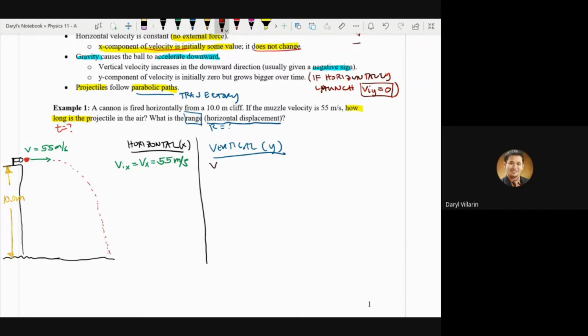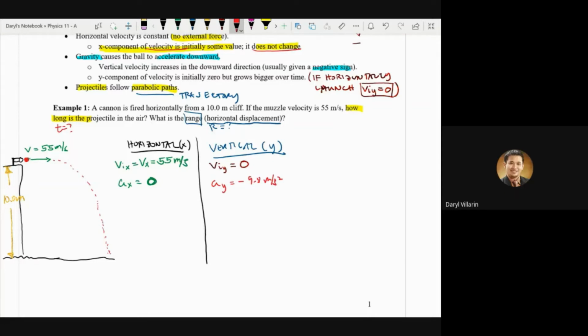So that means that in this case, the initial velocity along y is 0. Because again, it is launched horizontally. And if you can see there, if it is launched horizontally, the y component of your velocity is 0. Okay? And then, since the velocity is constant there, the acceleration along x is 0. How about in my vertical component? The acceleration is always negative 9.8.